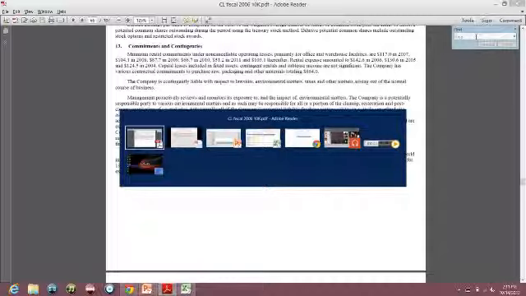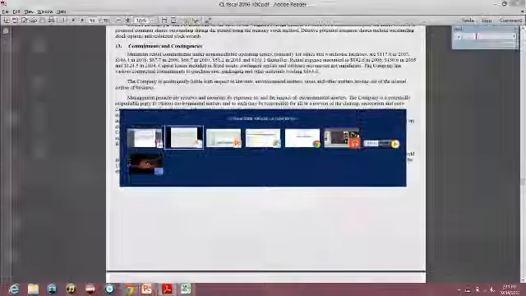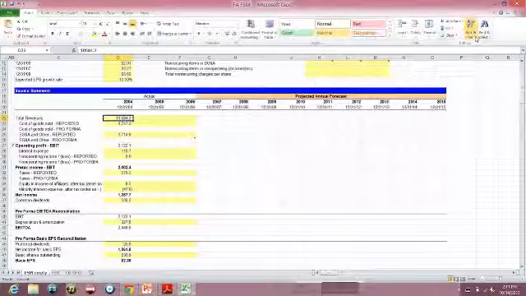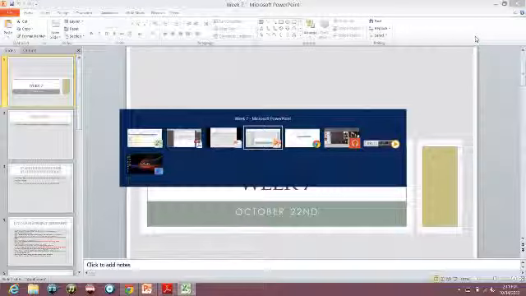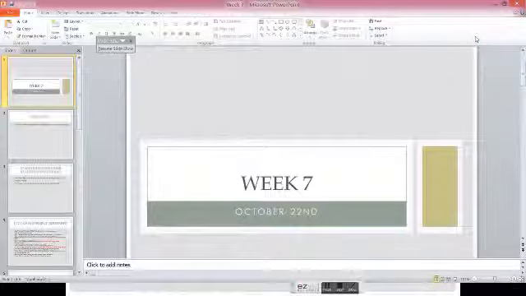This really helps when you're fishing through and zooming through everything. So you have your Alt Tab, then you have your Control F, which helps you find information.